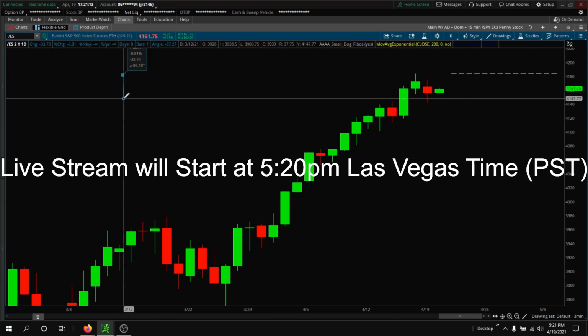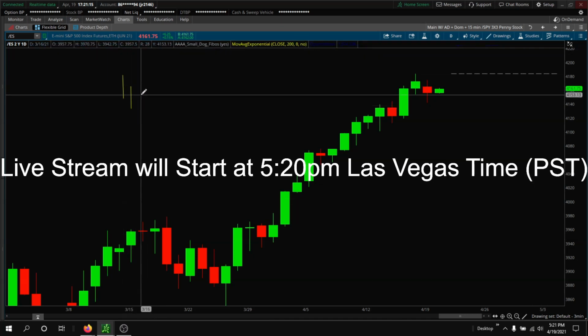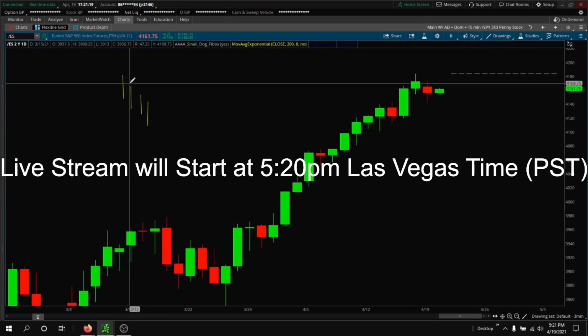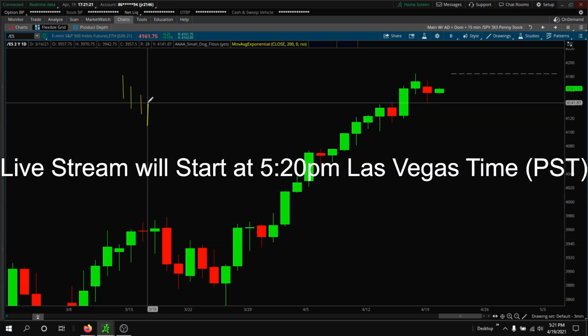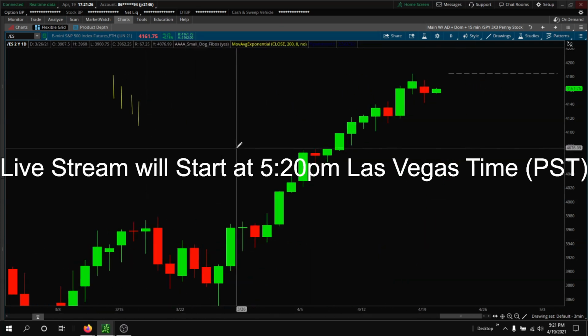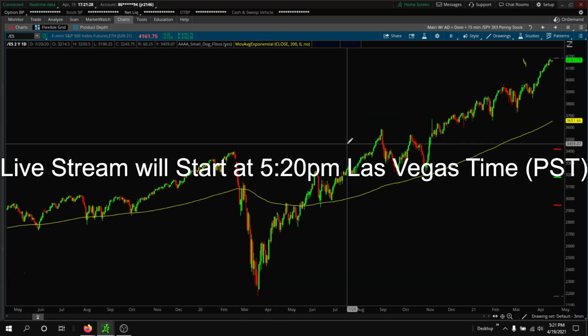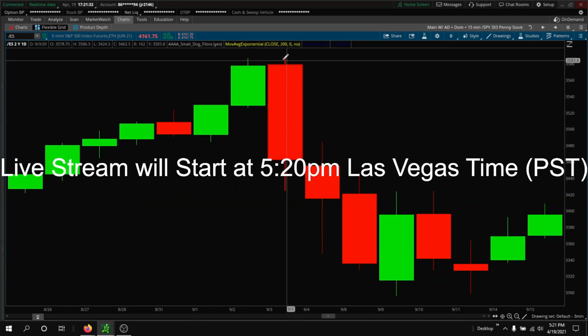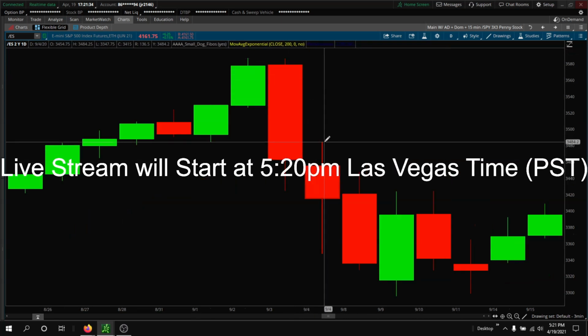Pretty much a waterfall is, think of it as stairs, right? As you're walking downstairs, the high of every stair is lower than the previous. So what's essentially happening is, let's zoom out and look for a waterfall. Right here is a really good example of a waterfall.